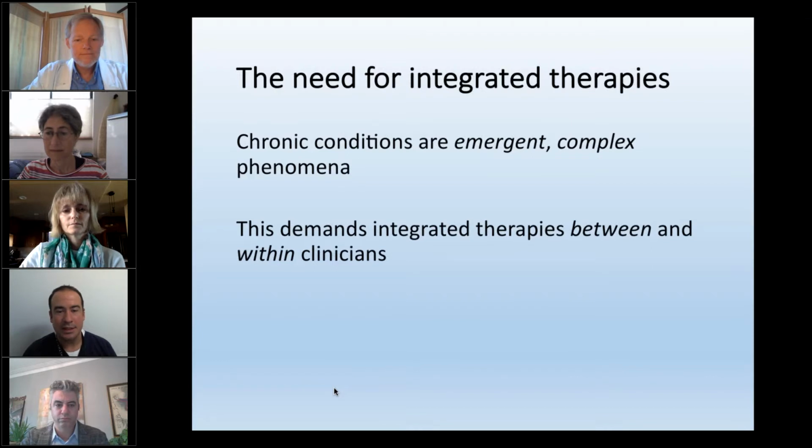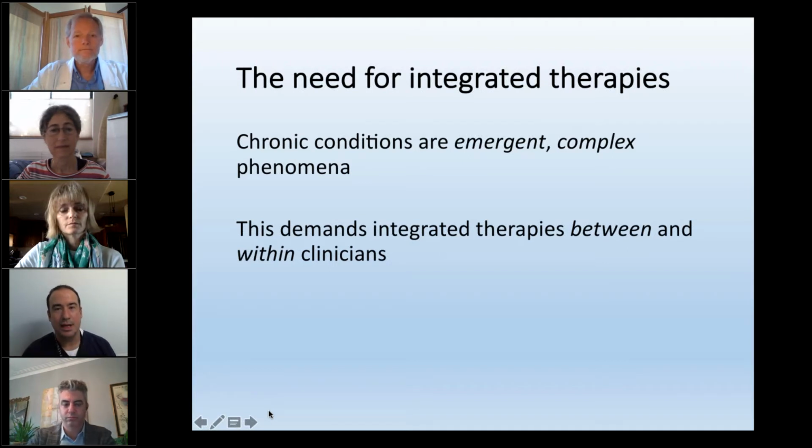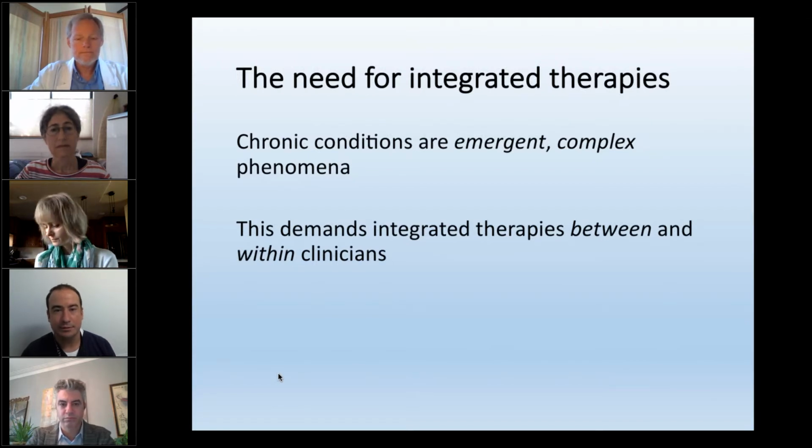So this demands integrated therapies, preferably within the patient's medical home amongst different clinicians, primary care, chiropractic, etc. And it also demands integrated therapies intrinsic to each clinician, which is what I'm excited for Dr. Kernan to be presenting on today: how one clinician can exploit more integrated therapies in the delivery of care of the patient.